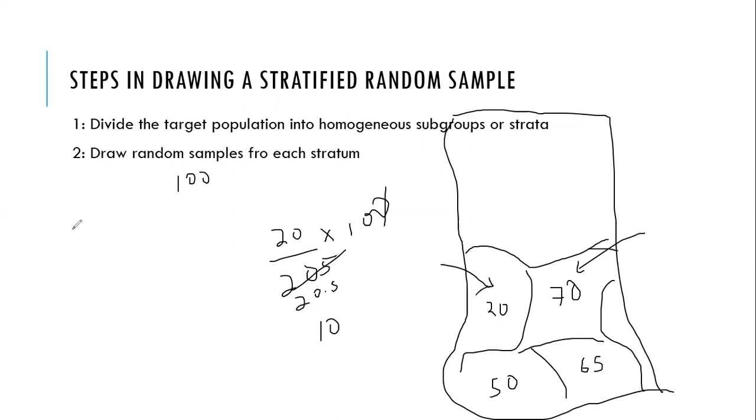When you come to the other group, that will be 70 over 205 times 100. When we do that calculation, 100 over 205 will be about 2.5. So 2.5 into 70, 70 divided by 2 is 35.